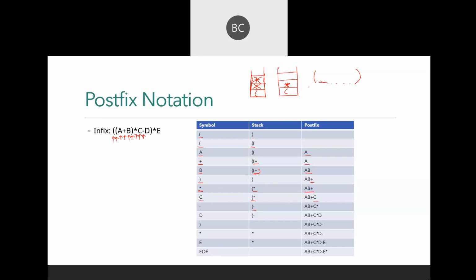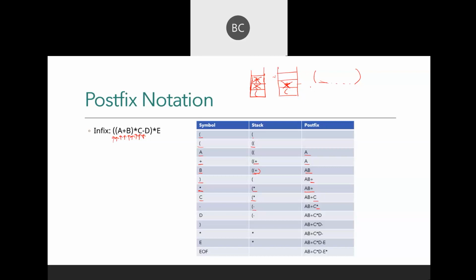Just like in our previous example, we cannot push the minus sign directly. Why? Top element is a multiplication sign, and multiplication sign has higher precedence over minus sign. Therefore, I'll pop out this star sign and print it here and push the minus sign here.